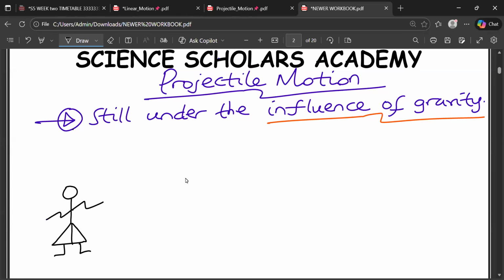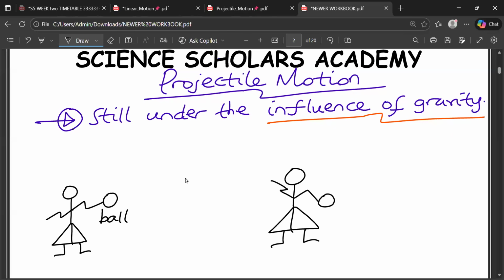If this person is holding something, let's say a ball, this person can decide to throw the ball like that. That is throwing.